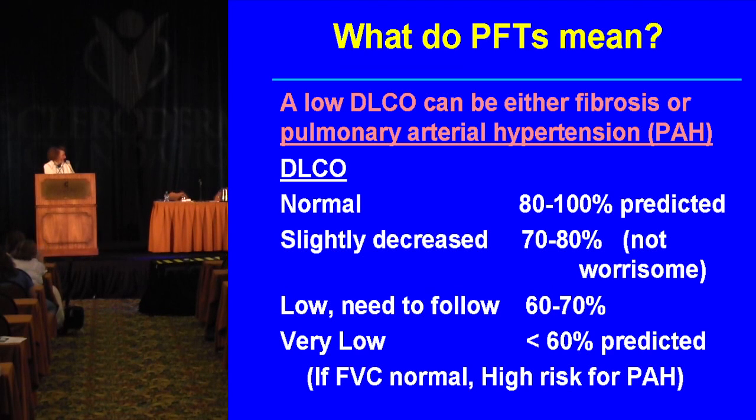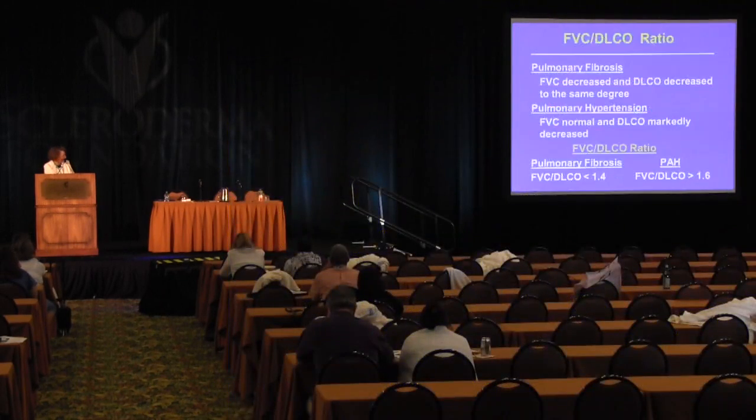If you have a very low DLCO, less than 60%, and your FVC is normal, meaning you don't have a lot of fibrosis, if you just have a very low DLCO, that puts you at a much increased risk for developing pulmonary arterial hypertension. And so certainly patients in this category are the ones that should be getting the frequent echoes, the yearly echoes, and monitoring their symptoms for the development of pulmonary hypertension.